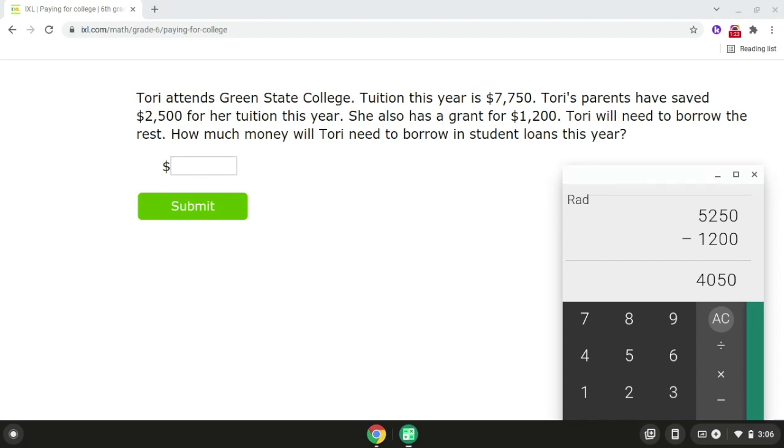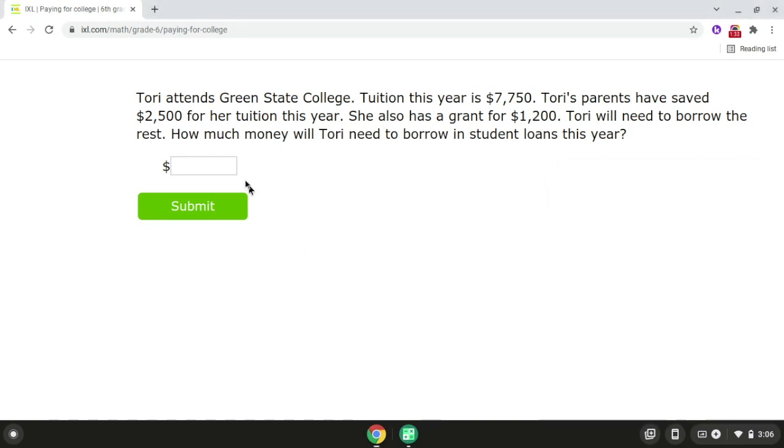And this is the amount of money that Tori will need to borrow in student loans for this year. Alright, so that is problem number 4.